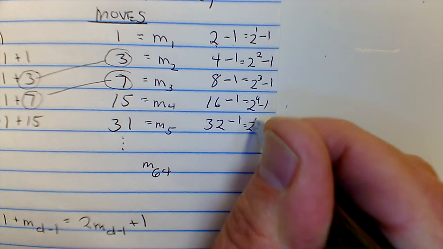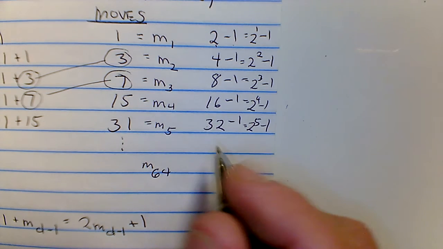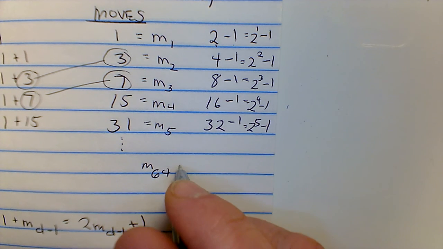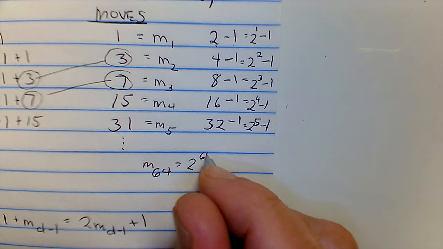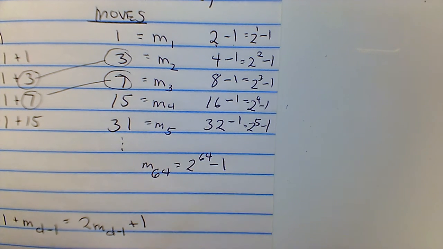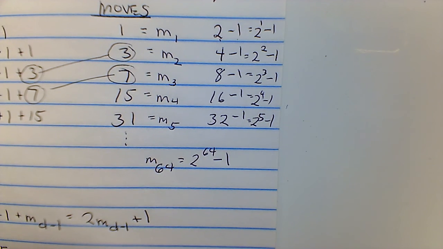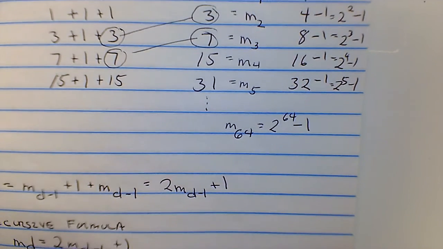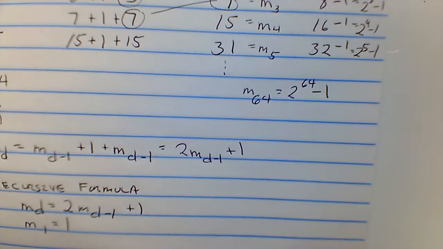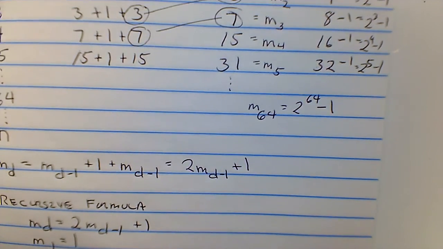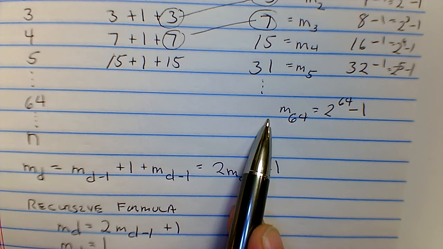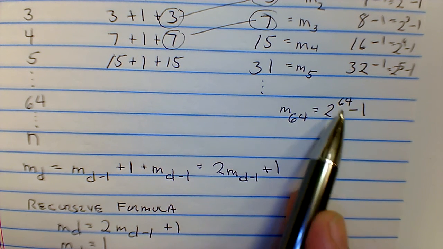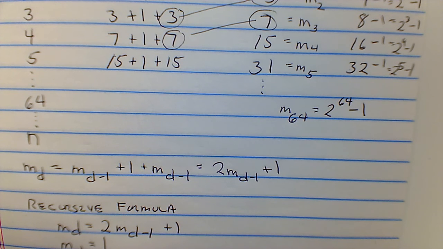This is 2 to the fifth minus 1. So it might be natural to think that M sub 64 is going to be 2 to the 64th minus 1.